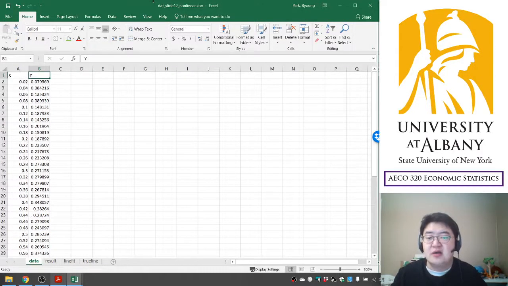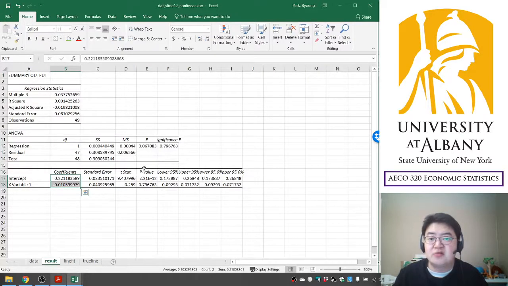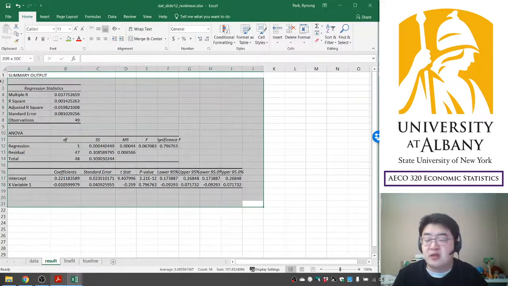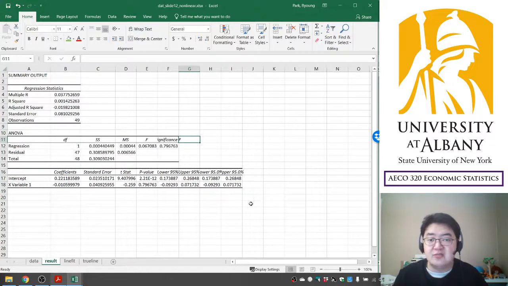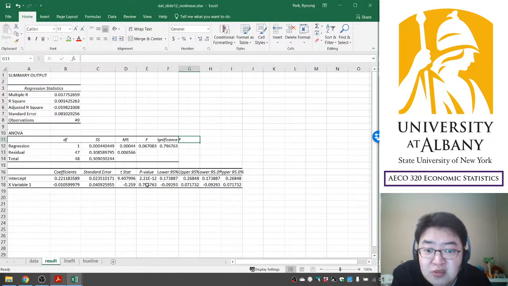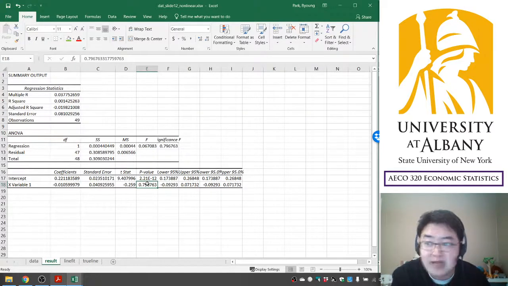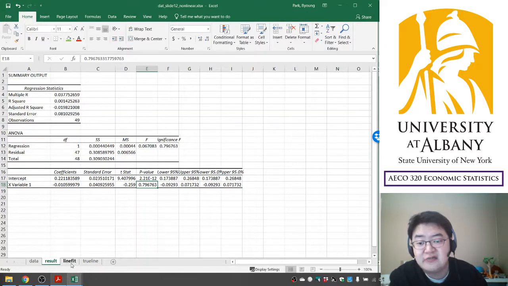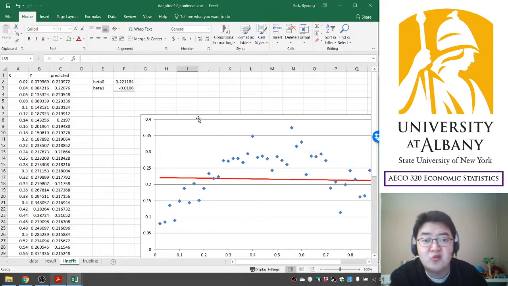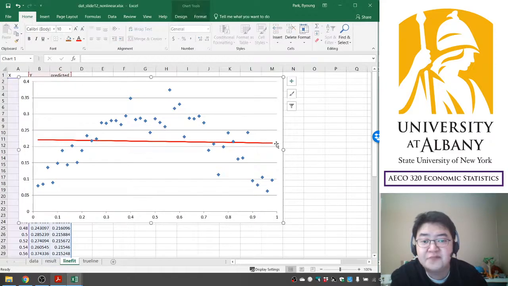When you use the regression result, you will get this. The result itself is not important. But what I want to show you here is that the p-value is 79%, which means it's not statistically significant at all. Really non-significant. But when you draw the graph, this is what you see.